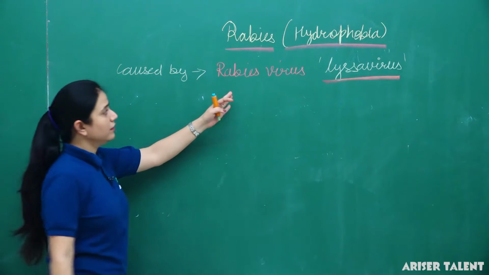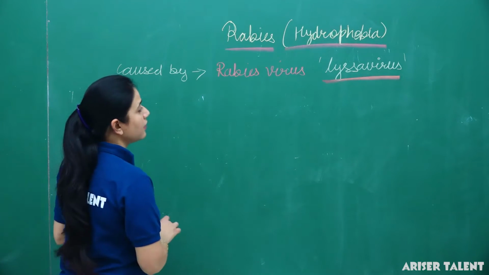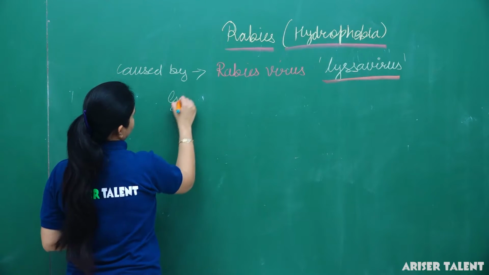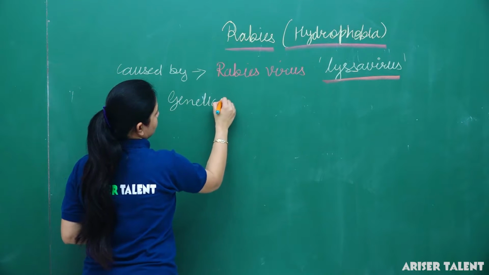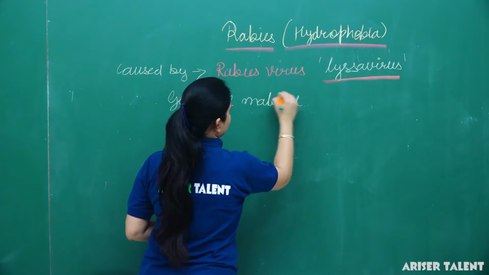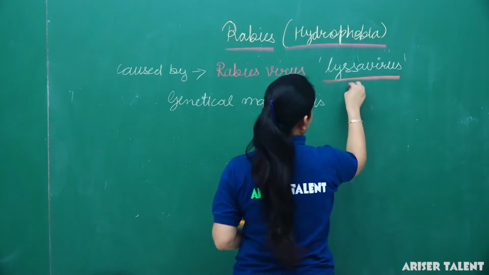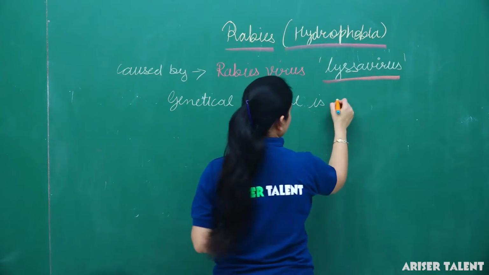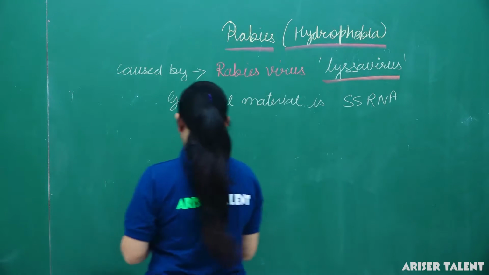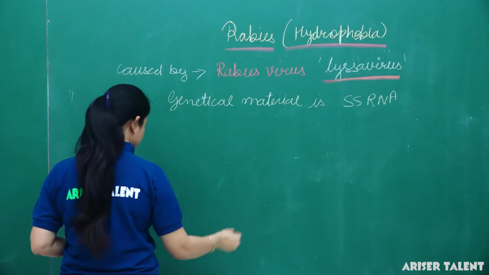If we talk about this rabies virus, then the genetic material in Lyssa virus is single stranded RNA, ssRNA.